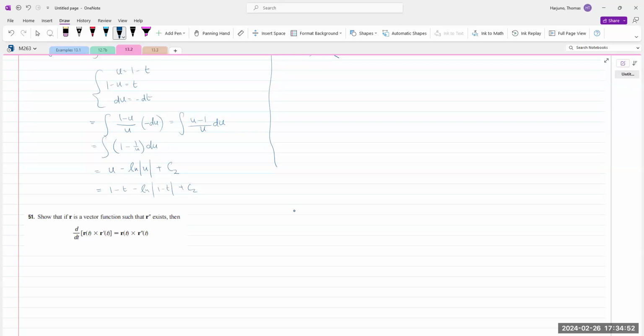Okay, let's see. A proof. What is the derivative with respect to t of r(t) cross r'(t)?